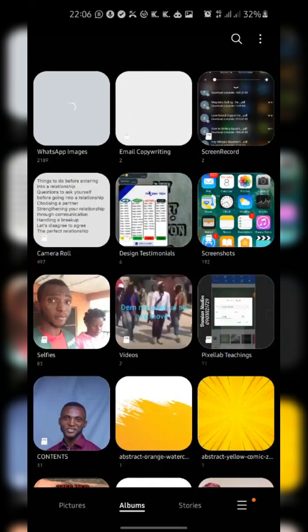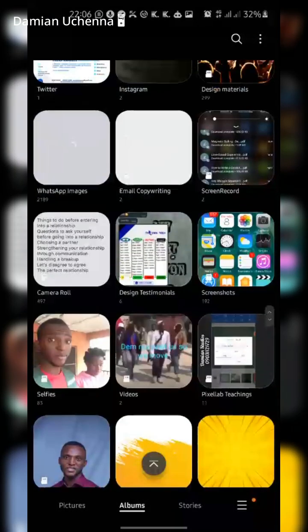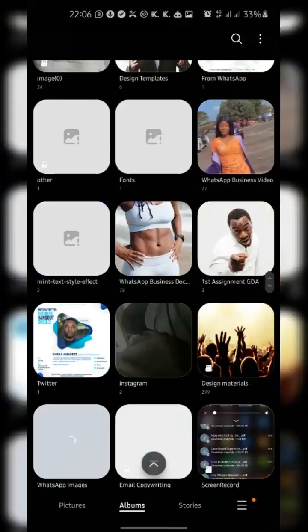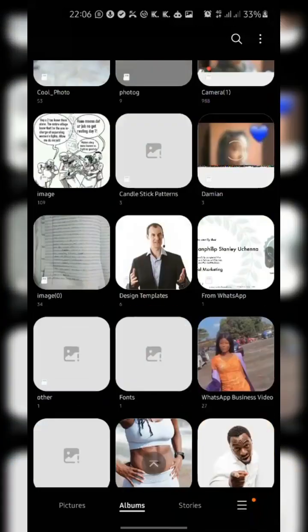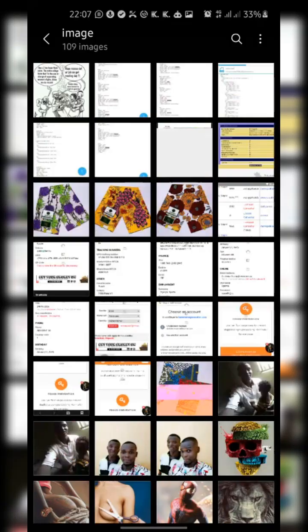Okay, so when I was actively running ads, I gathered lots and lots of images. I have thousands of images on my device because you get ideas from many places. You don't just move ahead. You have to ask, have you looked at other sources?